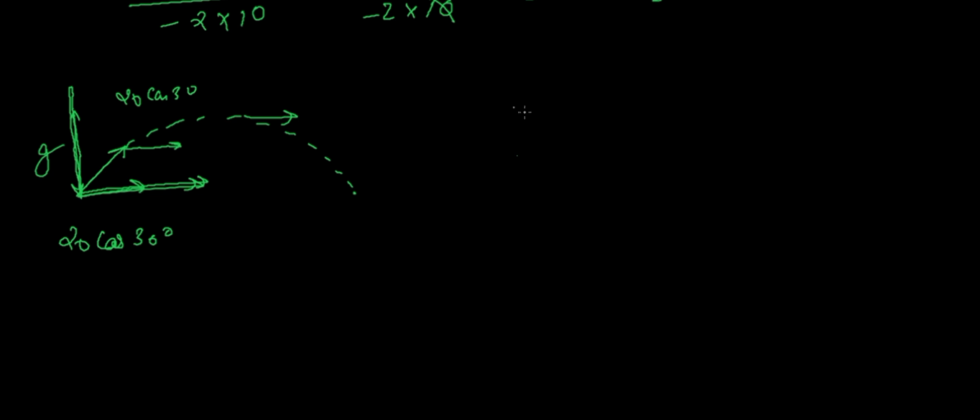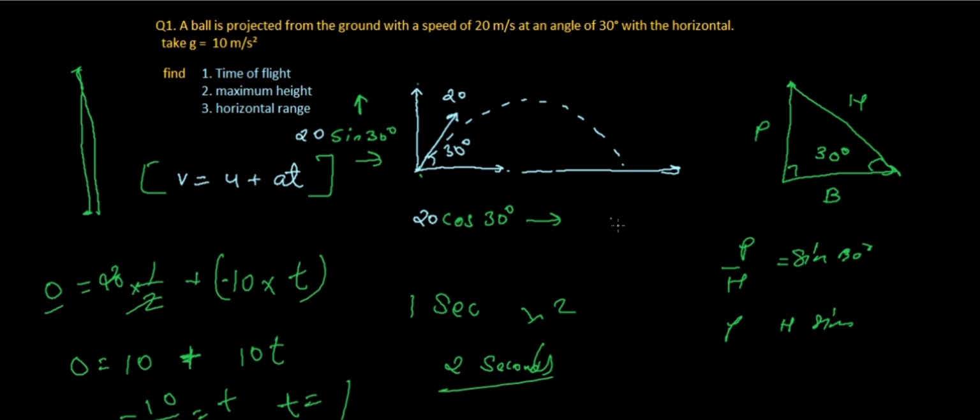So speed is equal to distance upon time. We will use this simple formula to find the range. Velocity is 20 cos 30, which is 20 root 3 by 2, and distance we don't know, so distance is d, and we know the time taken to reach from here to here, which is 2 seconds.